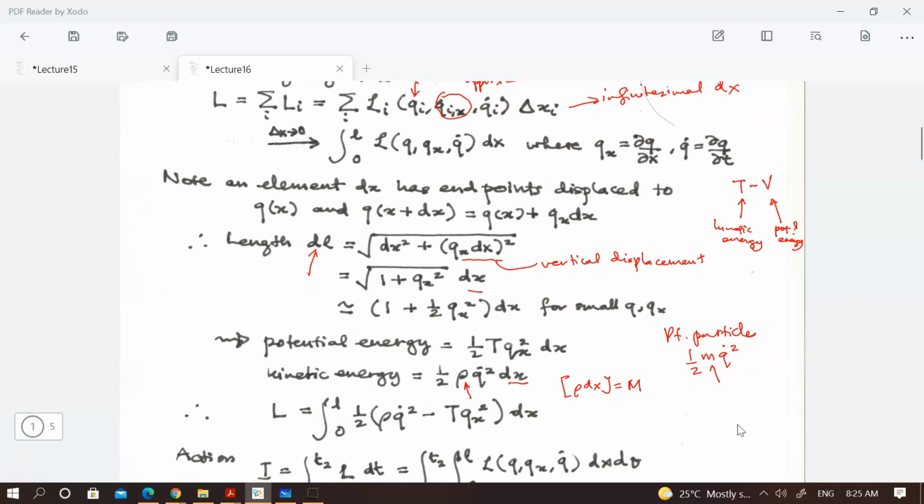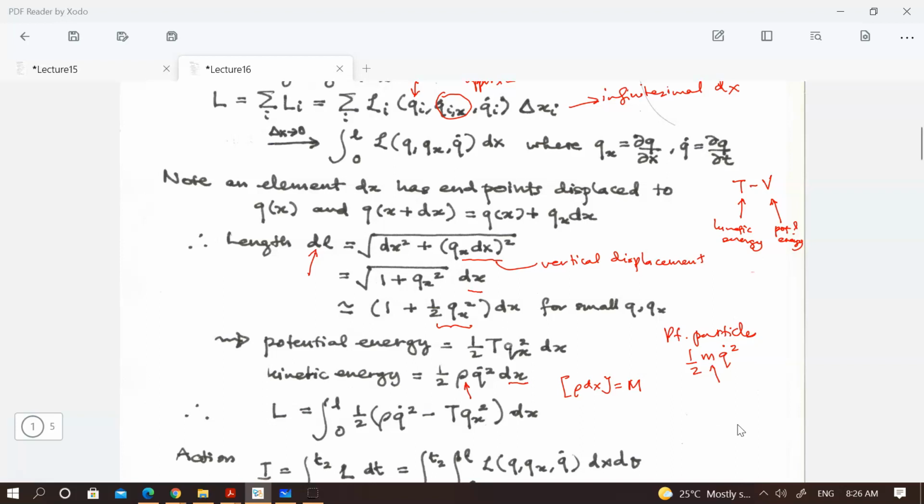So you can actually see this term over here, because you remember that you want to talk about the displacement of the string. This term can be thought of as part of your potential energy.